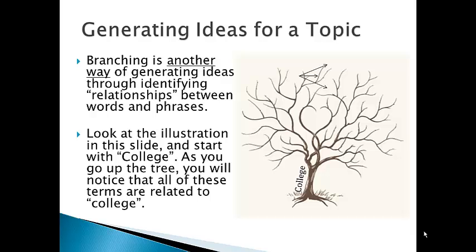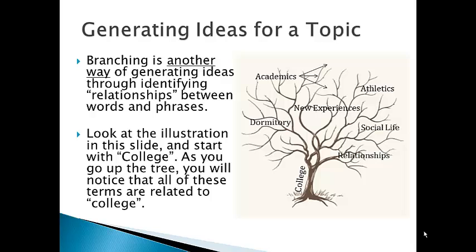The example I've given here for a topic is college. As I start brainstorming ideas, I think of academics, athletics, new experiences, dormitory, social life, and relationships. All of these keywords, ideas, and phrases are related to the topic of college.